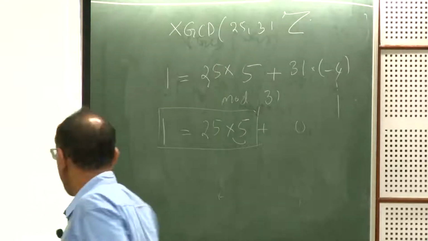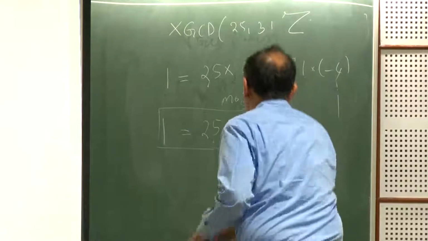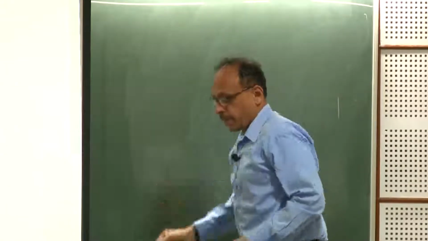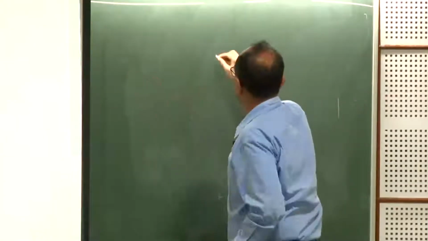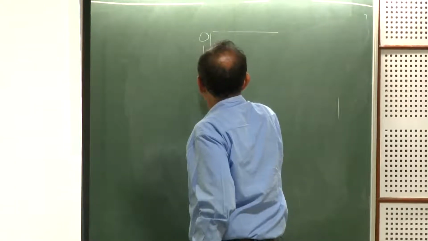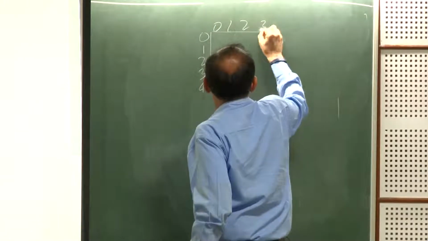Now we had an example last time with modulo 31. I take now a simple example. You have 0, 1, 2, 3, 4, and 1, 2, 3, 4.